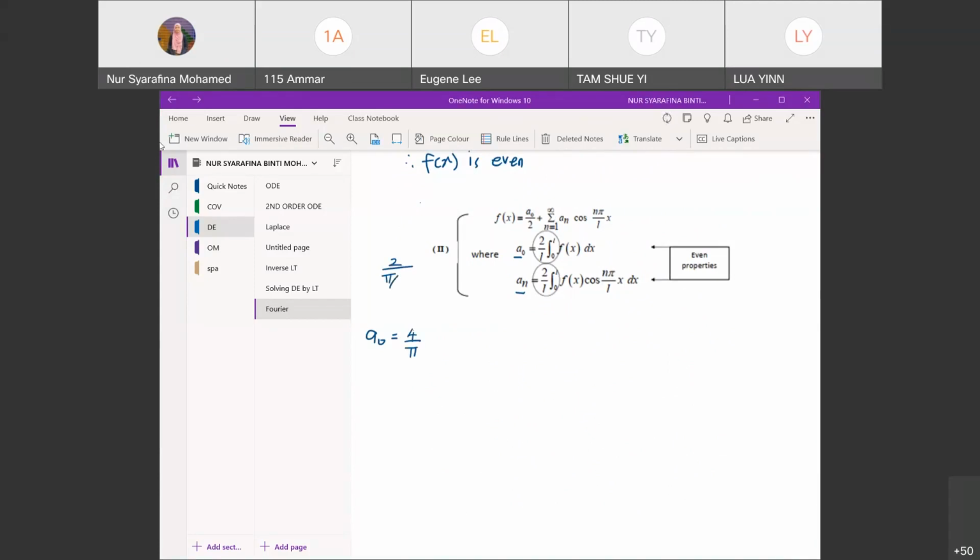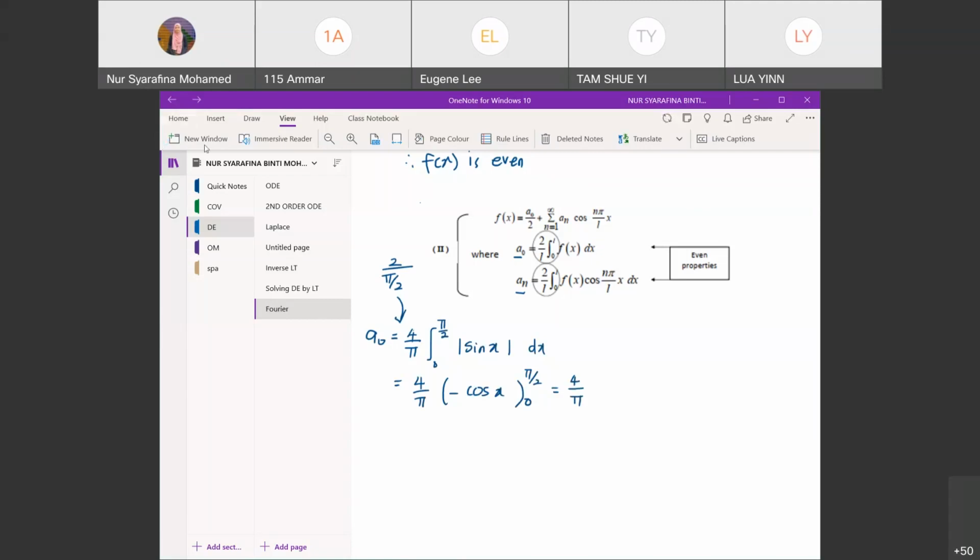Then integrate from 0 to L, where L is pi over 2, and f(x) is sine x dx. Integrating this, we will have 4 over pi times negative cos x from 0 to pi over 2.